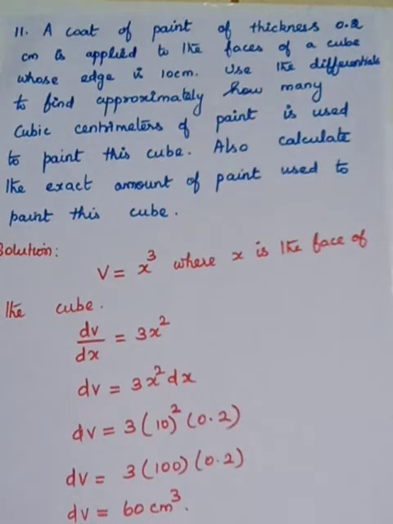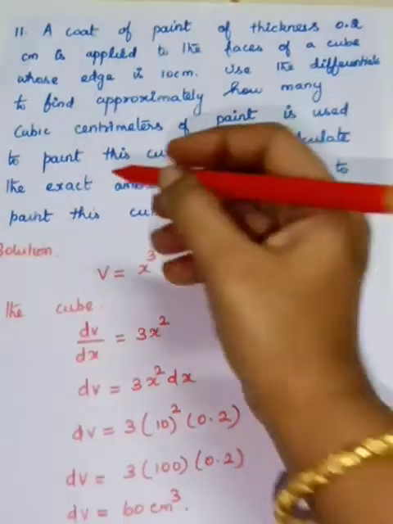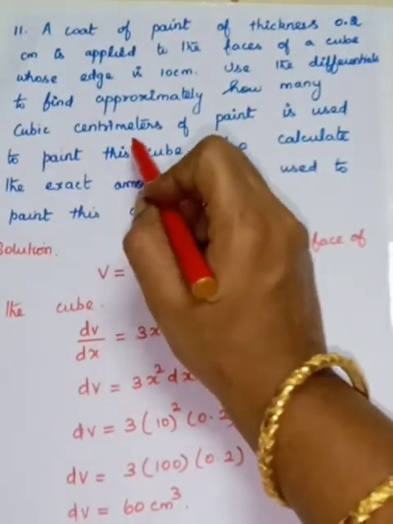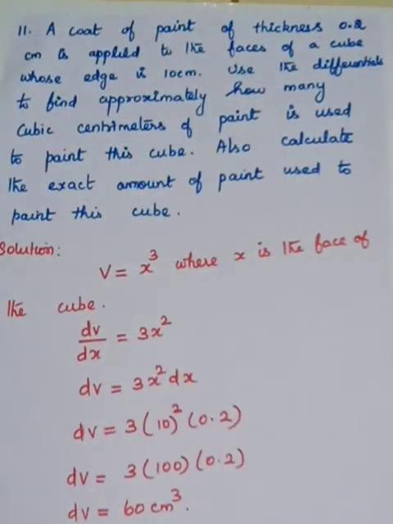That coat has the thickness 0.2 centimeter. The edge of the cube is 10 centimeter. Use the differential to find approximately how many cubic centimeter. Underline the word cubic centimeter. You can get the clue from that word. Cubic centimeters of paint is used to paint this cube.